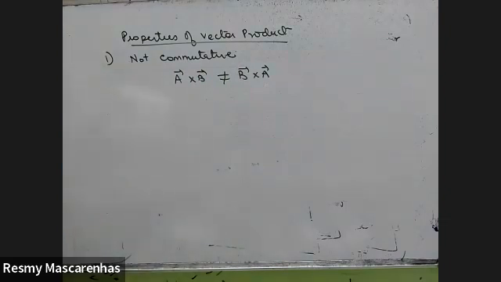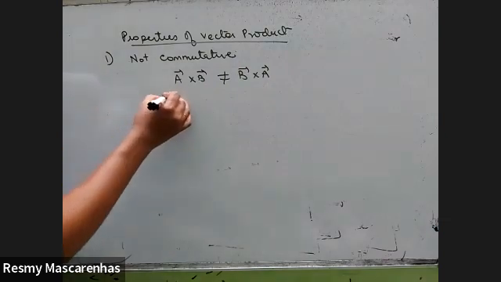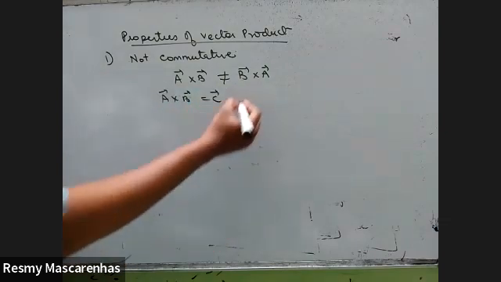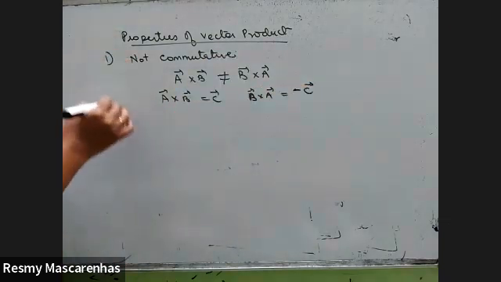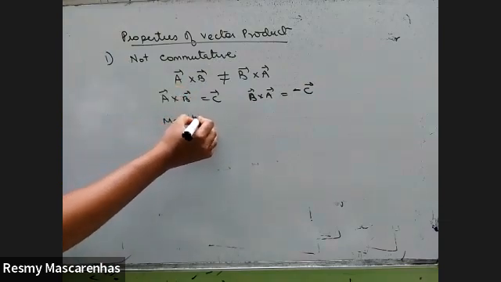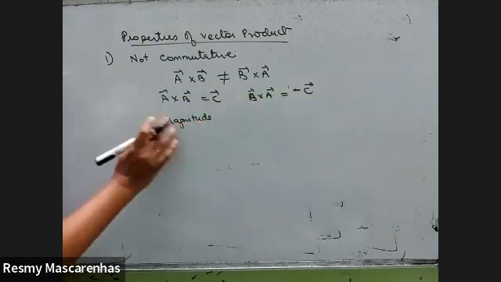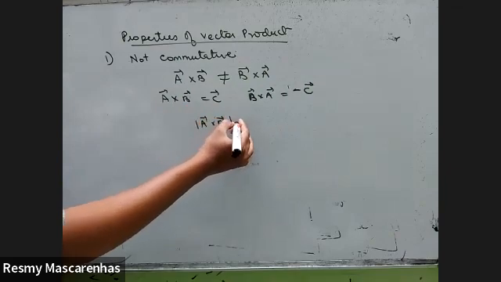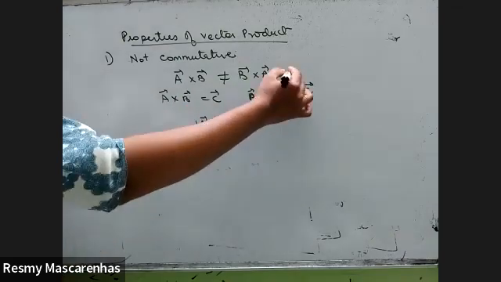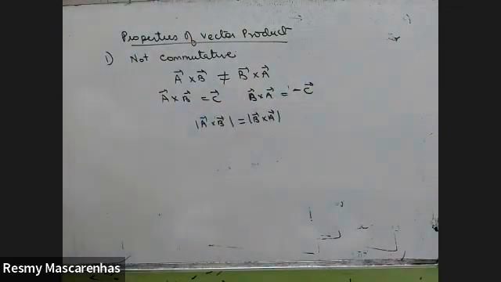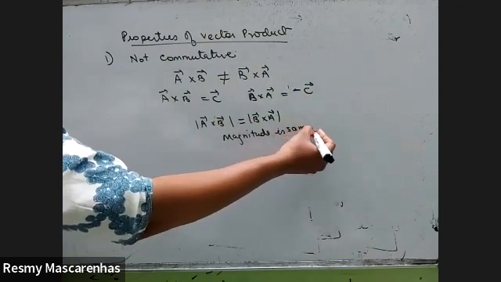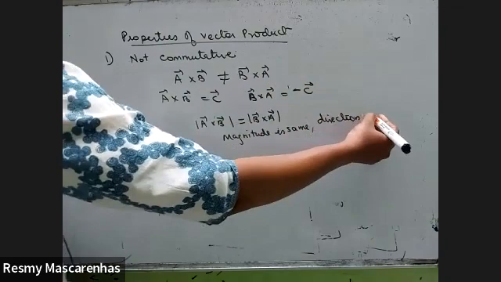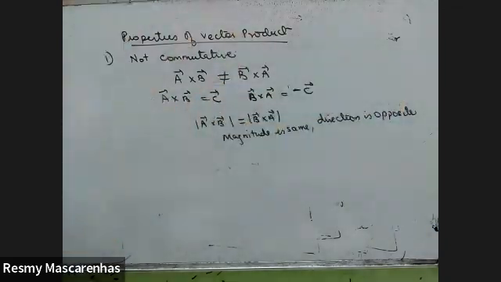Minus 5 cannot be equal to plus 5. A cross B is equal to plus C and B cross A is equal to minus C. This is the first property. The magnitude is the same, because the magnitude of a negative also becomes positive. Magnitude is nothing but taking a modulus sign. So the magnitude is the same, but the direction is different.